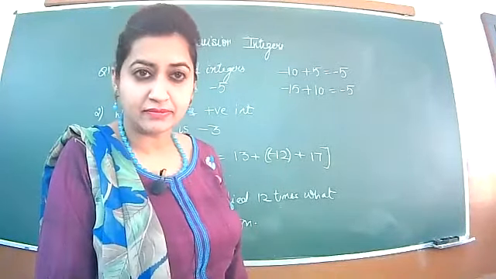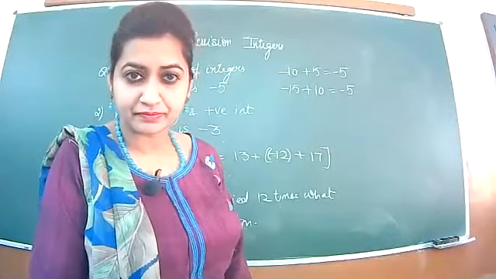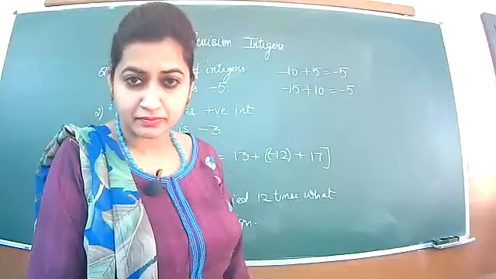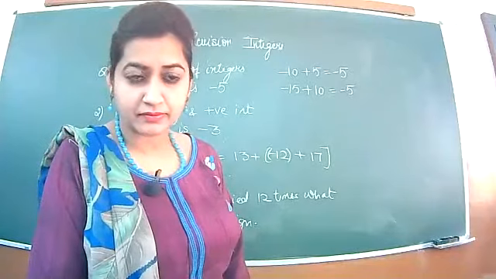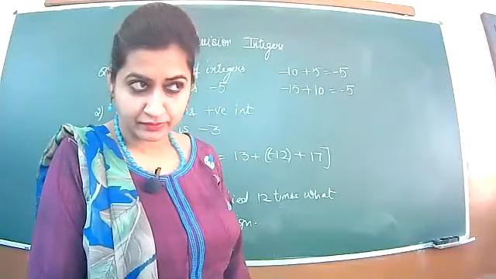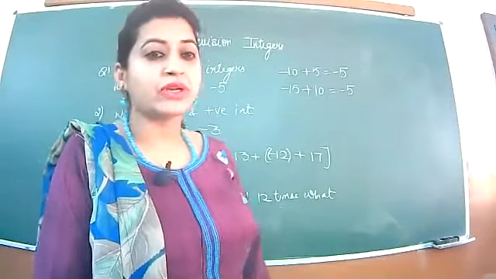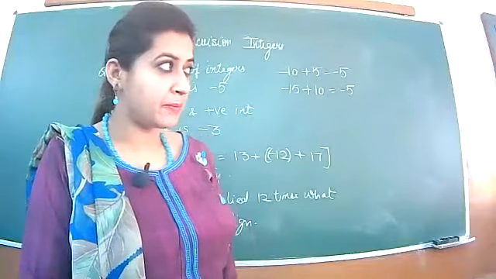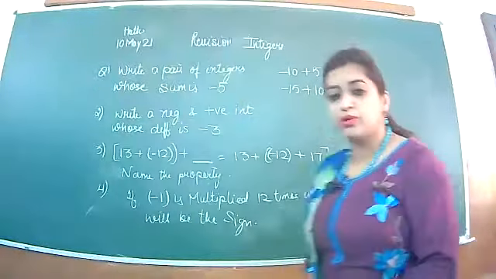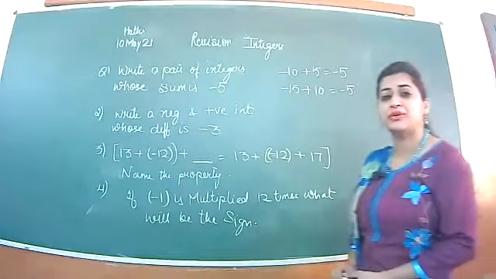Yes, Jasleen? Yes, ma'am. -3 minus 0. 0 doesn't have any sign, beta. So, -3 minus 0. Can you tell any other pair?